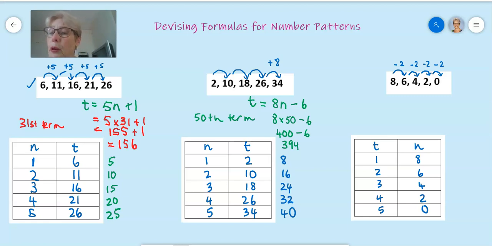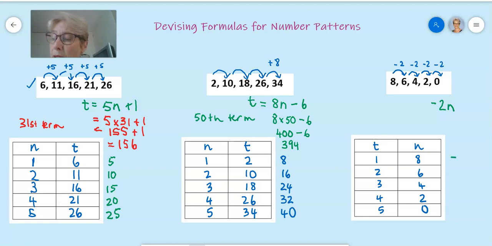Now, because my rule here is -2, the first part of our formula for this particular rule is going to be -2n. Okay? Now, it also means that it's based on the -2 tables. So I'm going to imagine a -2 times tables, and I'm going to write the first 5 answers to the -2 times tables down here.